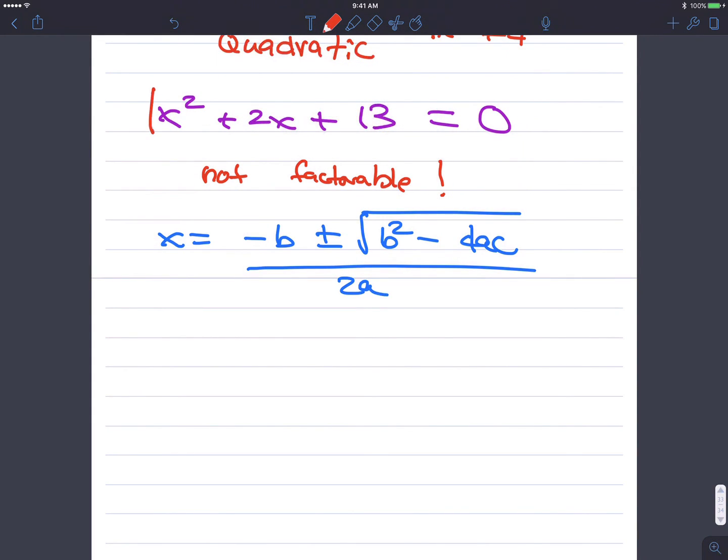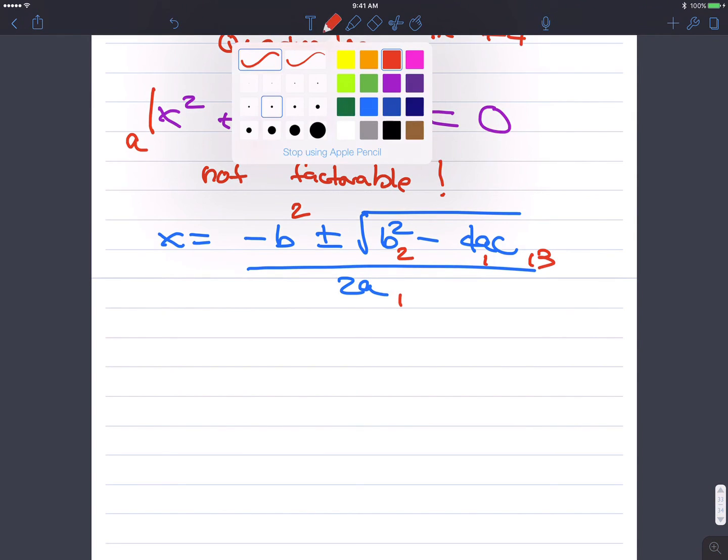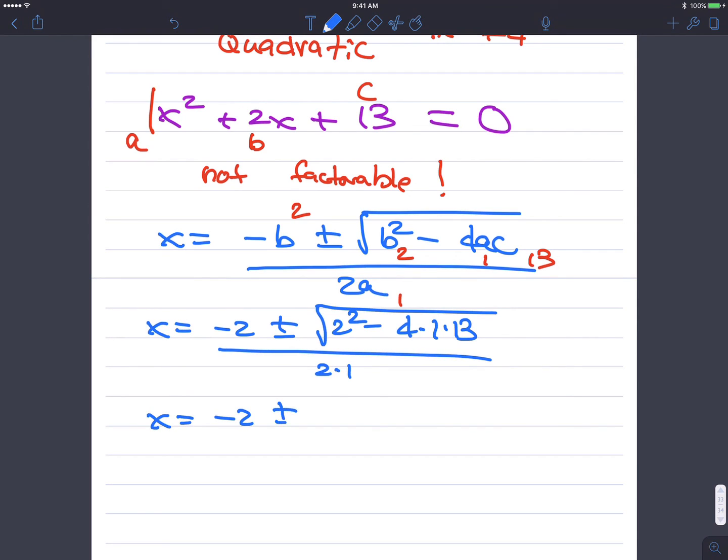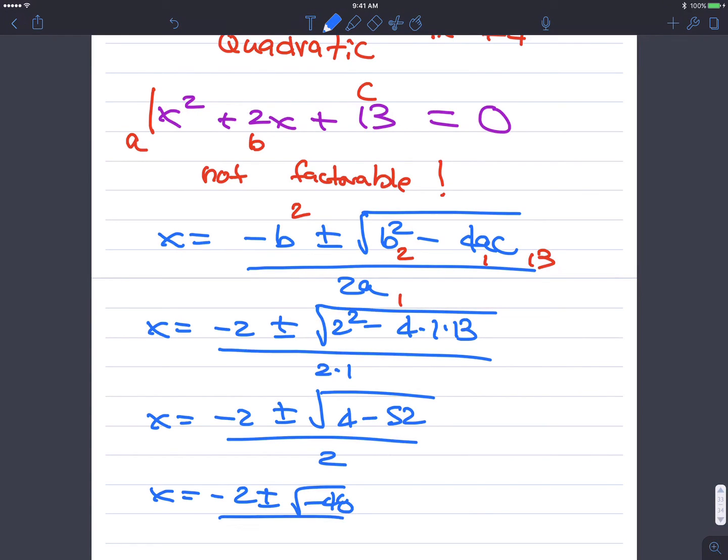Identify your coefficients: a is 1, b is 2, c is 13. x is negative 2 plus or minus the square root of 2 squared minus 4 times 1 times 13, everything over 2 times 1. Negative 2 plus or minus the square root of 4 minus 52, over 2. x is negative 2 plus or minus the square root of negative 48, everything over 2.